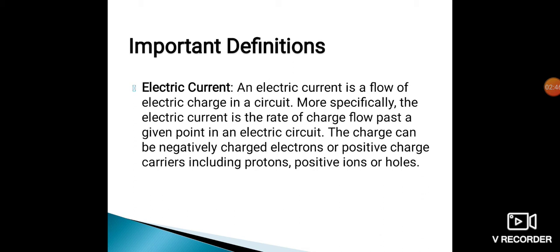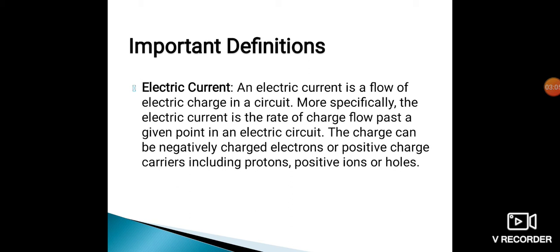The charge can be negatively charged electrons or positively charged particles, including protons, positive ions or holes. So there are two types of charges available for the electric current.